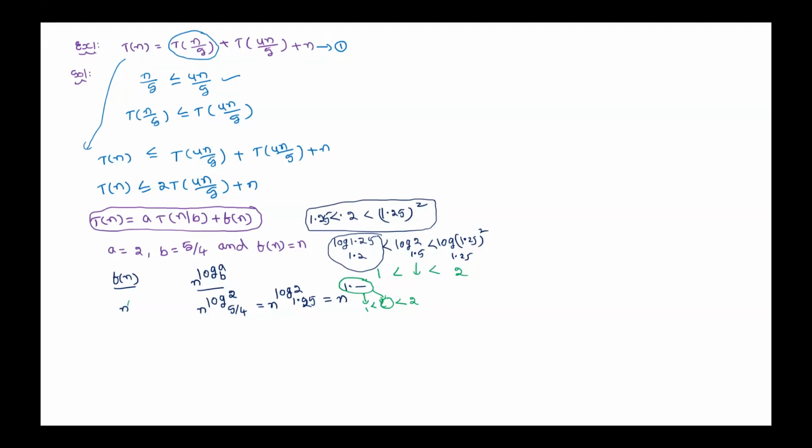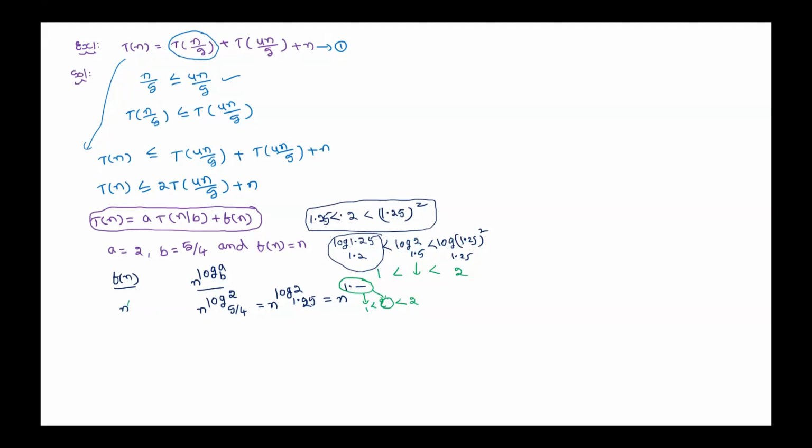If someone has a calculator, can you exactly calculate what is log 2 base 1.25? Actually, it is not necessary to calculate. It is between 1 and 2, which means it is more than 1. Here I have n power 1. With this knowledge, we should be able to say which is more and which is less.